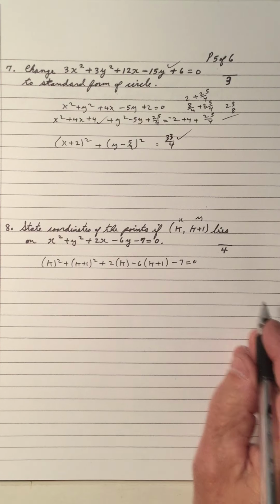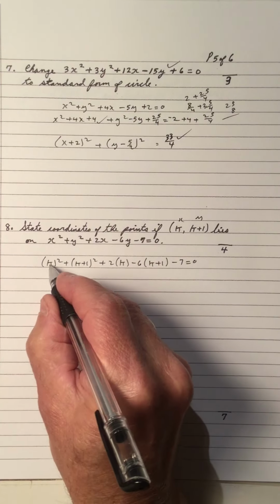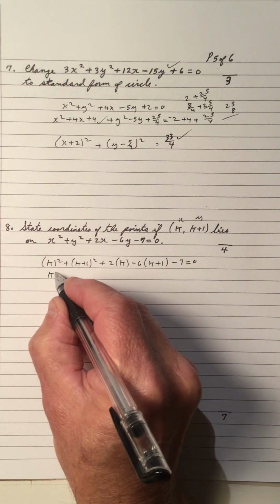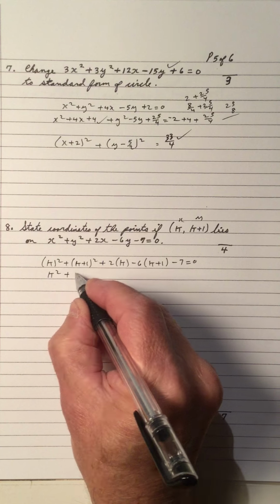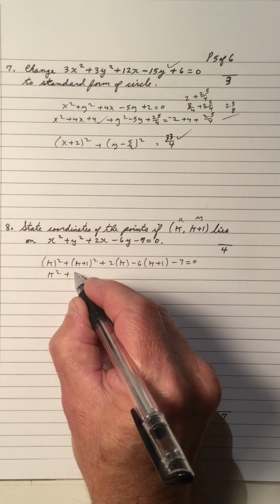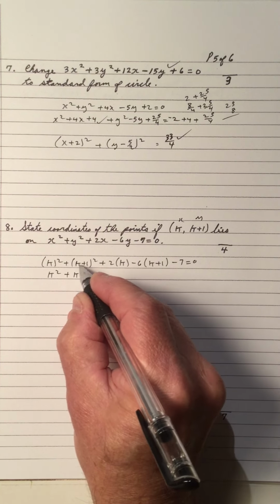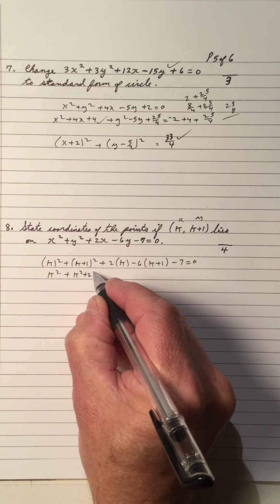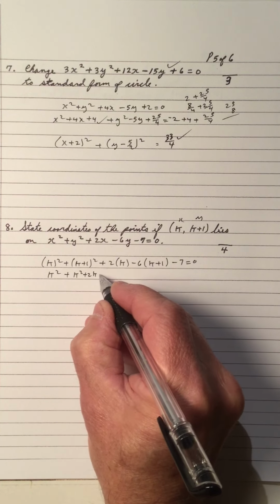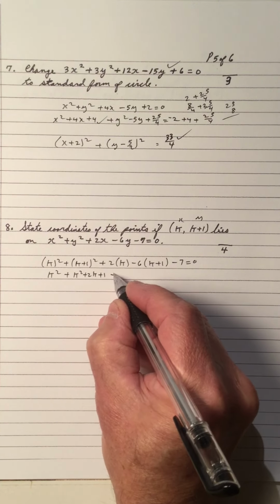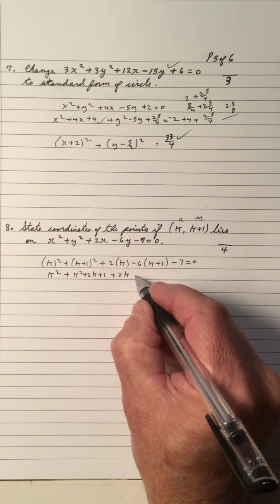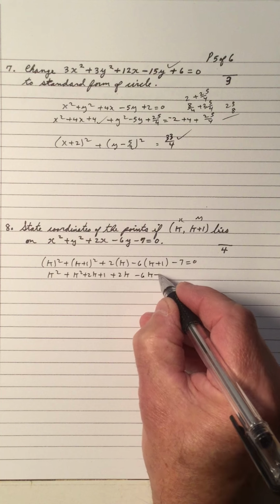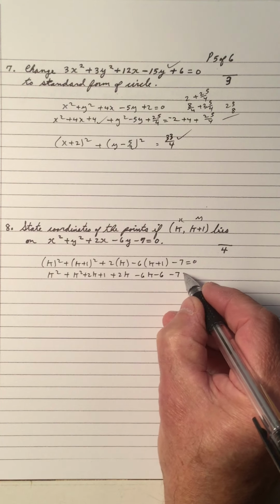And we have all k, so we have to simplify. So we get k squared. Squaring this binomial, k squared, multiply and double, 2k, and 1 squared is 1. Negative 6 times these two is negative 6k minus 6 minus 7.